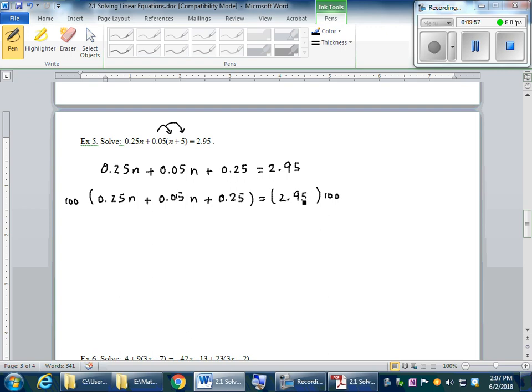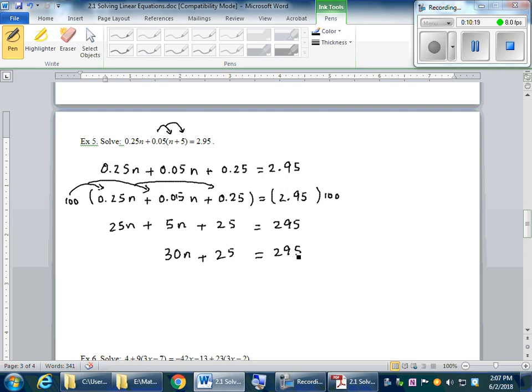So when I distribute 100 into every single term, that will become 25n plus 5n plus 25 equal to 295, which gives us 30n plus 25 is equal to 295.